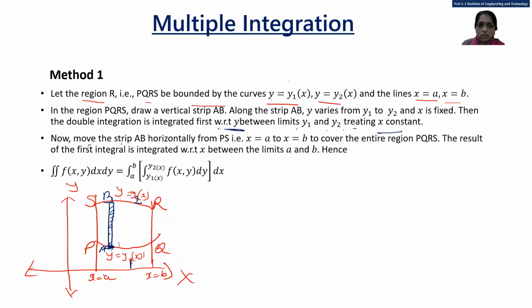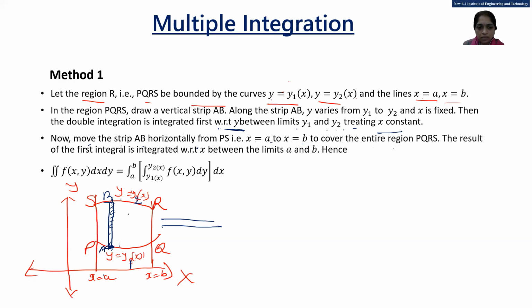Now move the strip AB horizontally, from x equal to a to x equal to b, so as to cover the entire region PQRS.